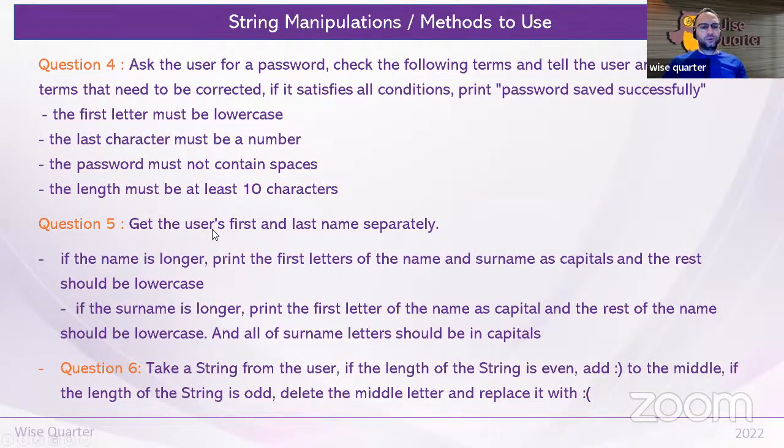It says get a user's first and last name separately. If the name is longer, print the first letters of the name and the surname as capitals, and the rest should be lowercase. If the surname is longer, print the first letter of the name as capital, and the rest of the name should be lowercase, and all the surname letters should be capital. What's the difference?